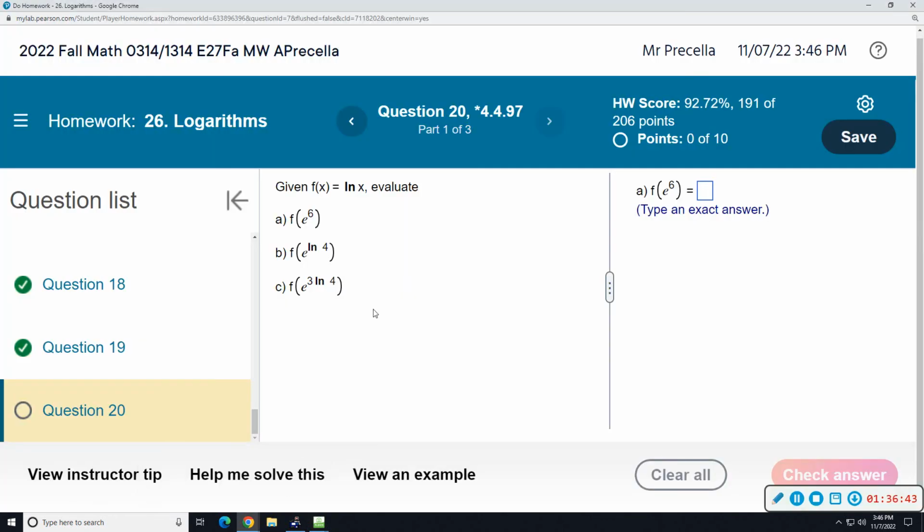Okay, number 20. We're told f of x equals ln x. In part A, it says to find f of e to the 6th. Let me go ahead. I'm going to write down all of the parts.